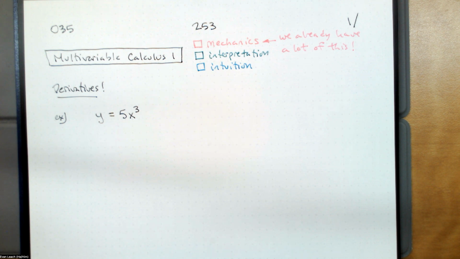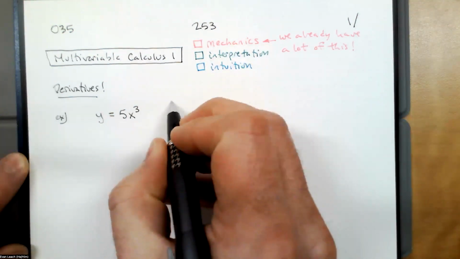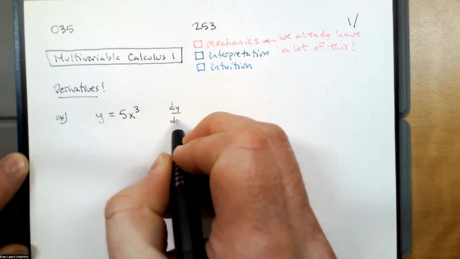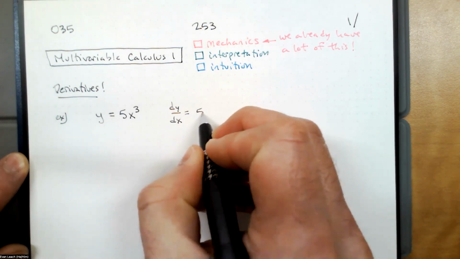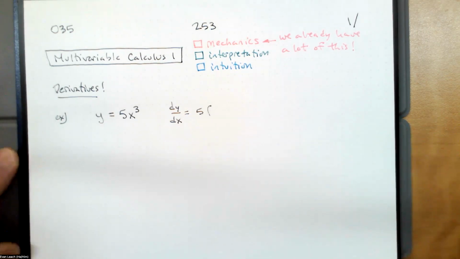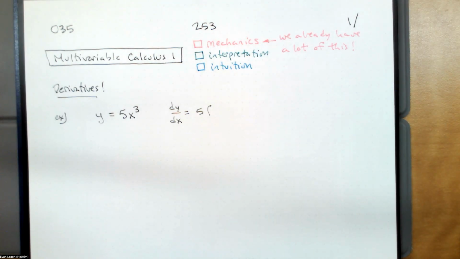So we know we're using nx to the n minus 1. What did you do with the 5? You just multiplied it by the 3 because the 5 just hangs out. So the derivative, we would write here, dy dx is 5, and I'm going to write it out in extra pieces, 5 times 3x squared.